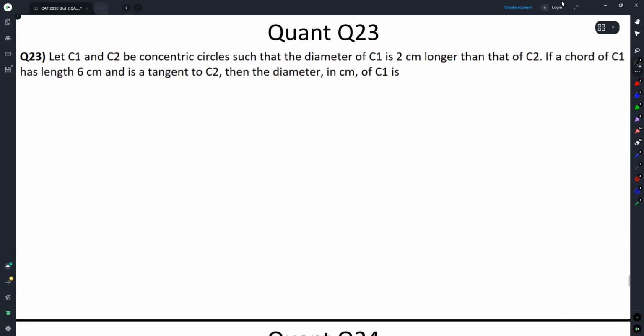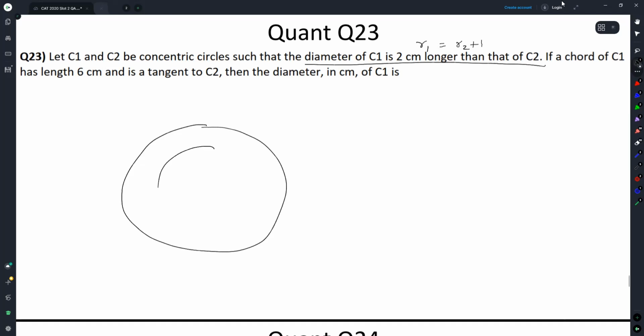Okay. Let C1 and C2 be concentric circles such that the diameter of C1 is 2 centimeter longer than that of C2. Diameter is 2 centimeter longer, so radius 1 is equal to radius 2 plus 1.